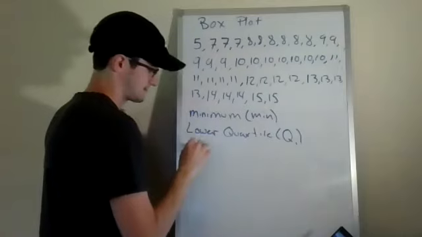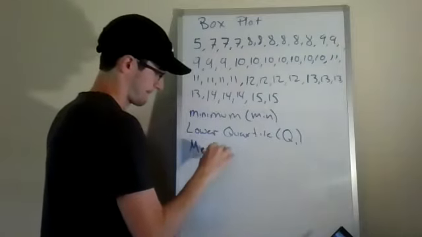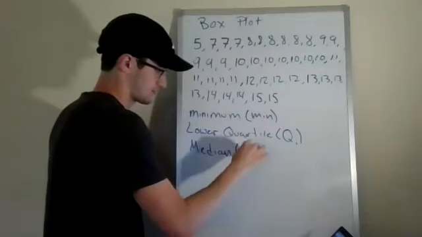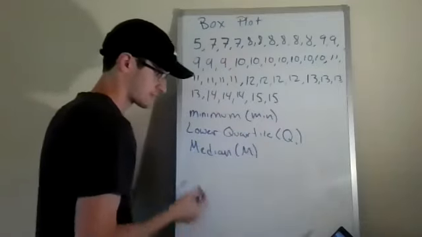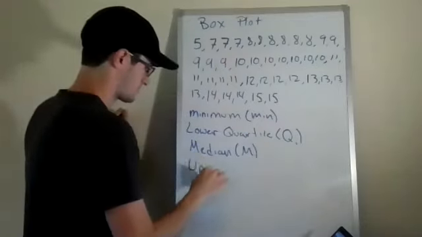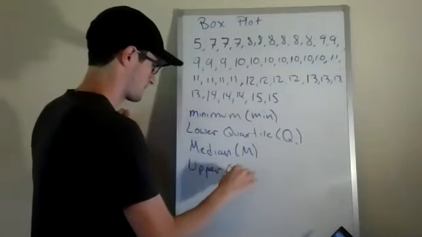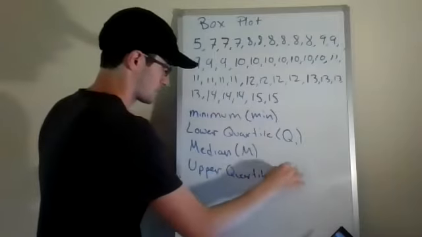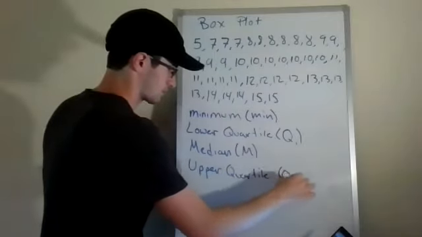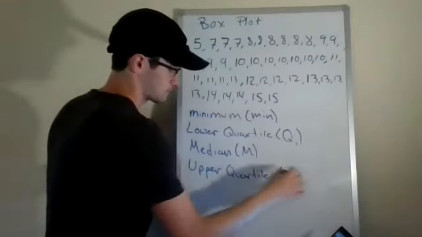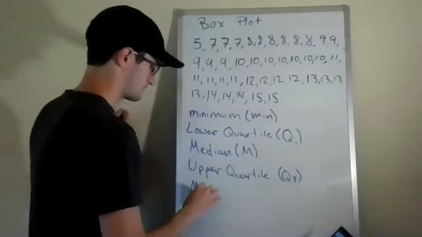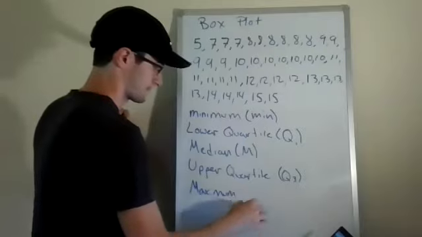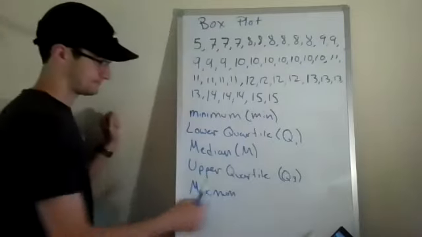We have the median, which is the middle number. The upper quartile, or Q3, and the maximum, the max.